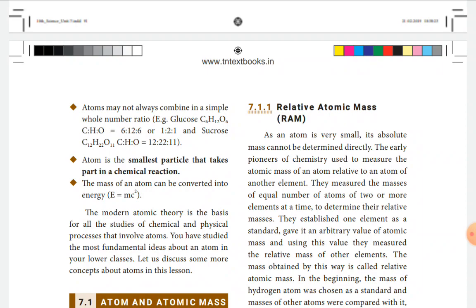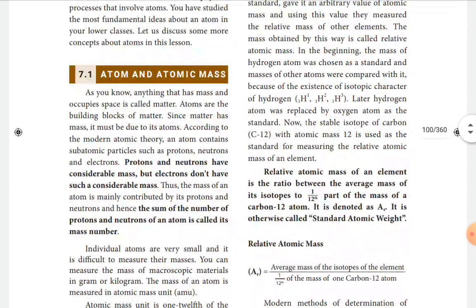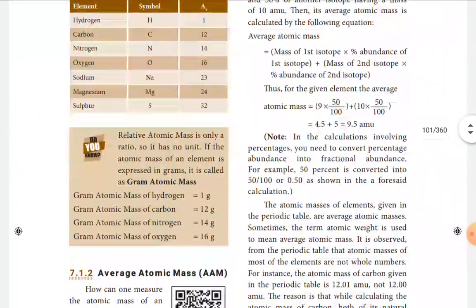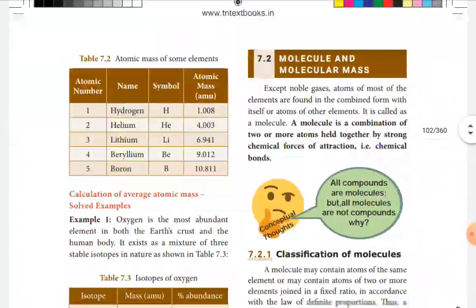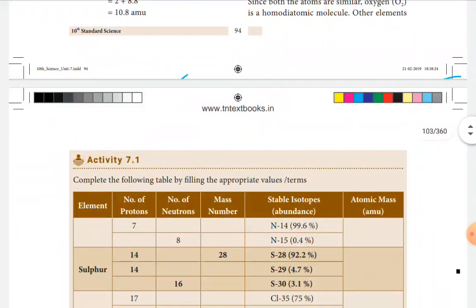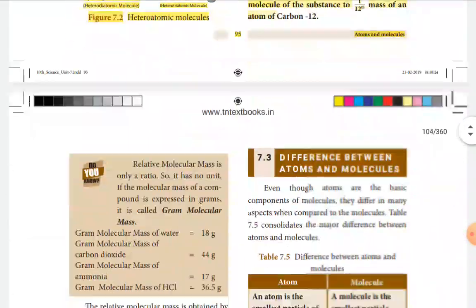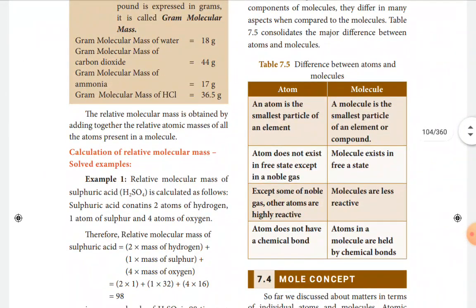Then next, when you move to the 3-mark questions, you have to revise. There are simple questions like what are the differences between atoms and molecules? An atom is the smallest particle of an element.